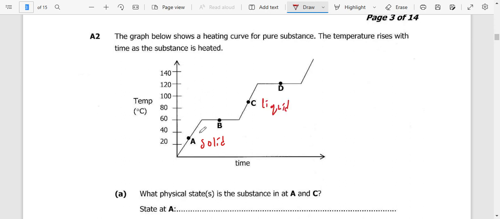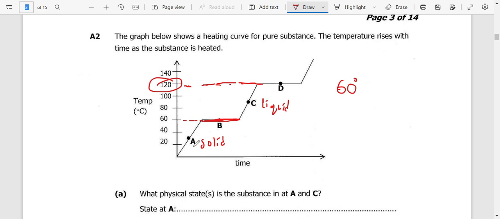What would be the melting point? So the melting point is where you see the line is straight. So the melting point is 60 degrees, and then boiling point is this one here. Also at the line where it is straight, that is 120.